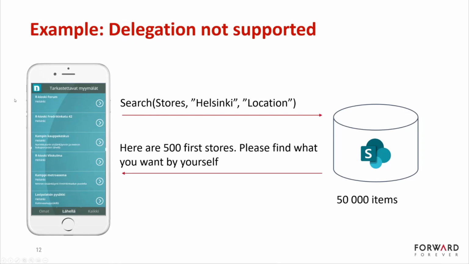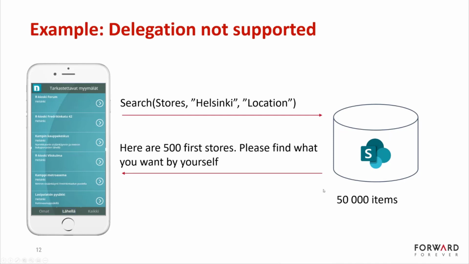And after that, Power Apps does this search query here on the Power Apps side, using these 500 items it gets from SharePoint. And now we see the problem, because we know that there are 5,000 stores located in Helsinki, but because of the delegation issue, we are actually dealing all the time only with the top 500 items of the whole dataset.